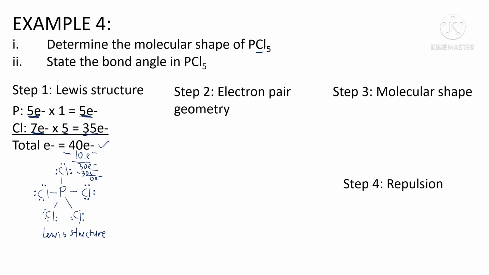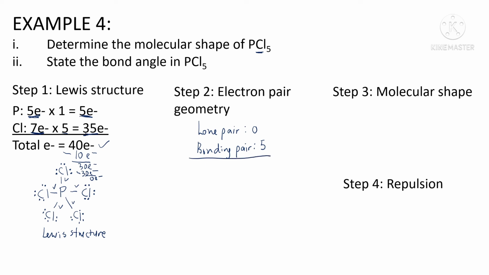Step number 2, we want to determine the electron pair geometry in PCl5. To do that, first we need to determine how many lone pairs are around the central atom phosphorus. From the Lewis structure, we can see that there is no lone pair around the phosphorus. How about the bonding pairs? From the Lewis structure, we can see that there are 1, 2, 3, 4, 5 bonding pairs around central atom phosphorus.